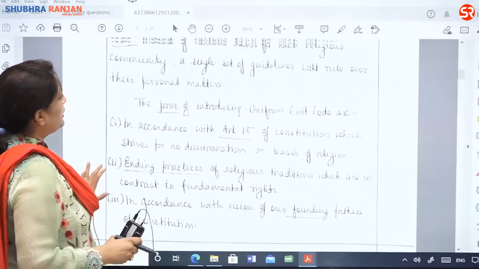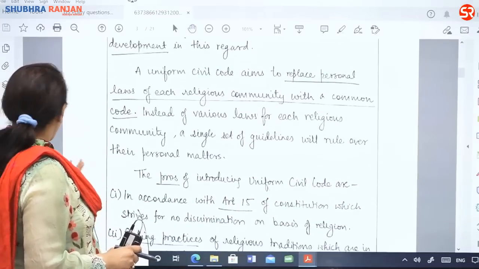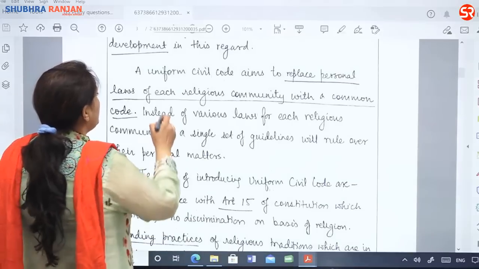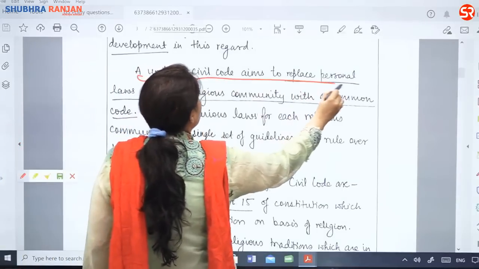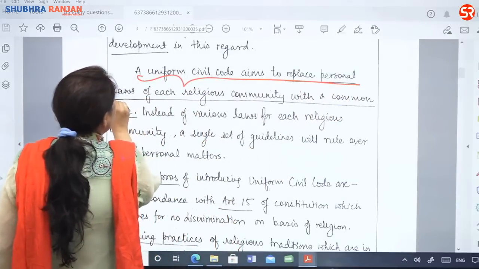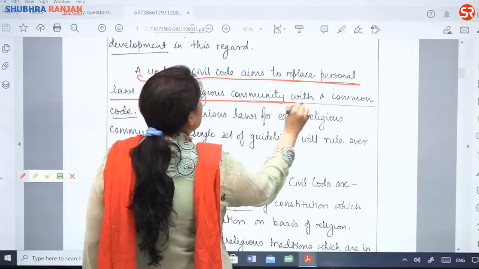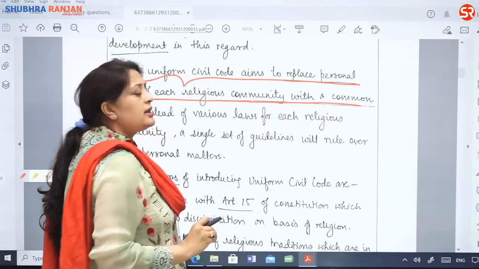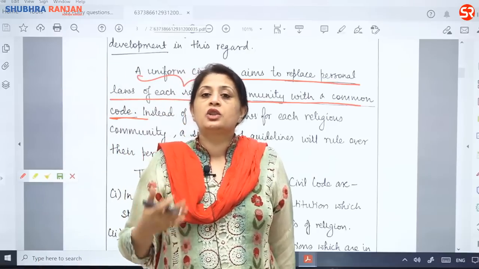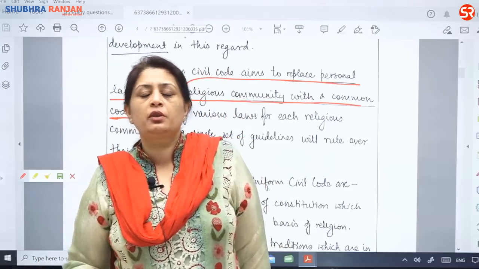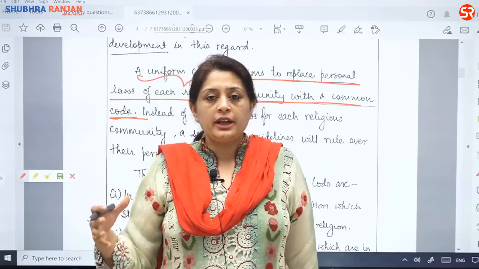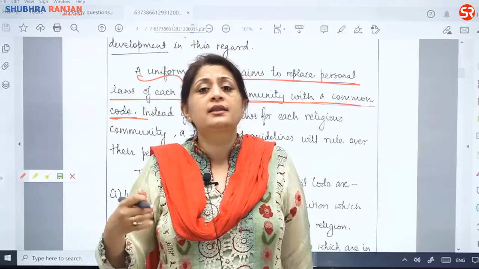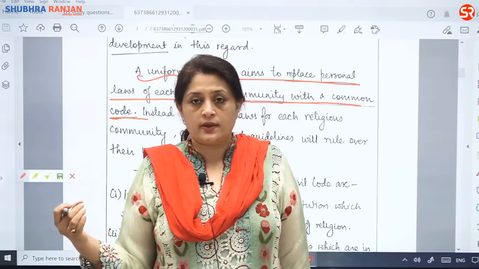And for all of the students, I want to point out that generally we take this meaning: a uniform civil code aims to replace the personal laws of each religious community with a common code. So this is the general meaning. The general meaning of uniform civil code is all communities should be governed by a single set of laws.